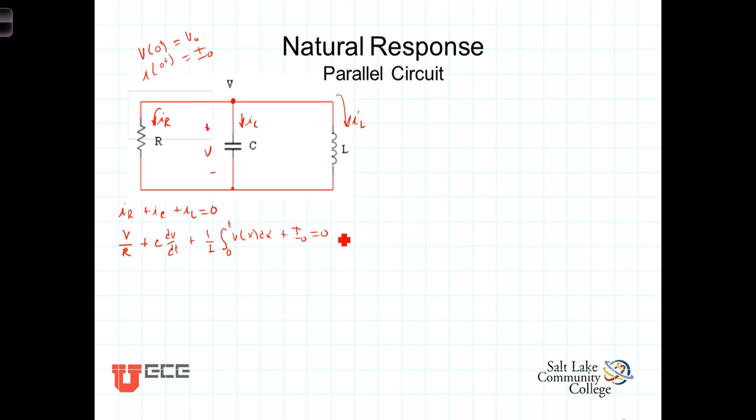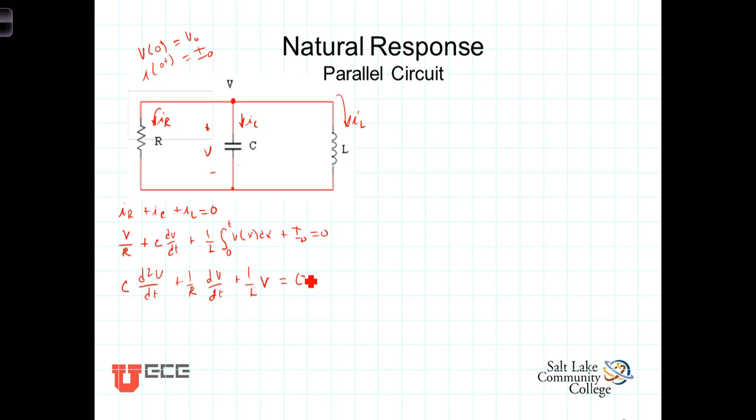So differentiating both sides of the equation here, we have C times the second derivative of the voltage with respect to time, plus 1 over R times the first derivative of the voltage with respect to time. That's the derivative of this term here. Now the derivative of the integral just eliminates the integral, and we're left with plus 1 over L V. The derivative of a constant is 0, and the right side is 0.